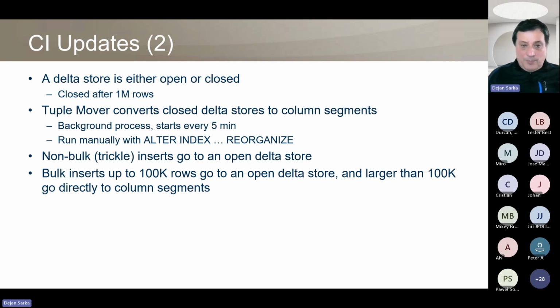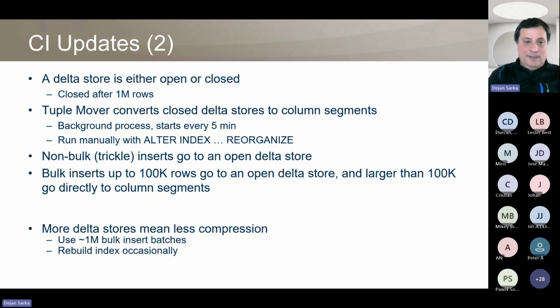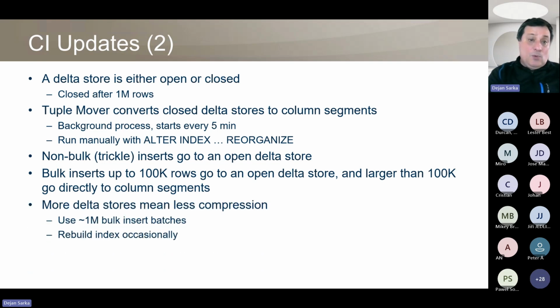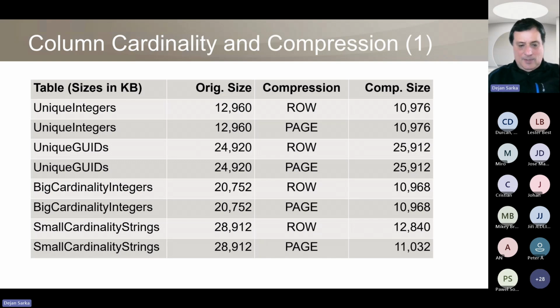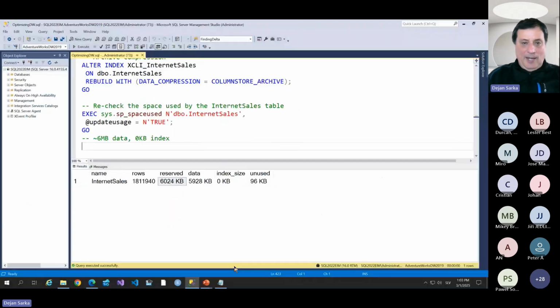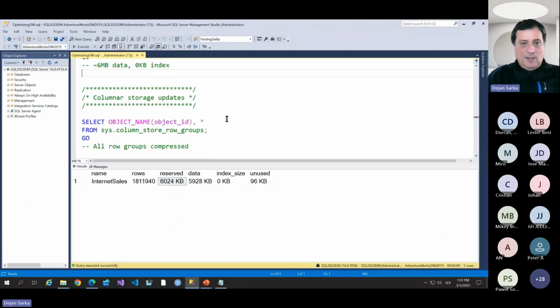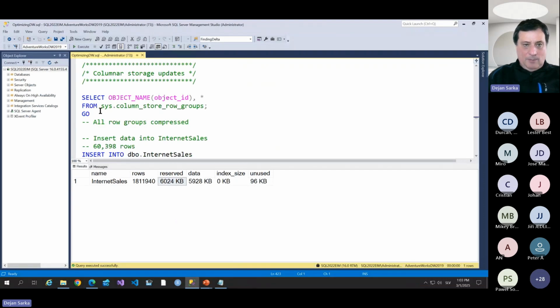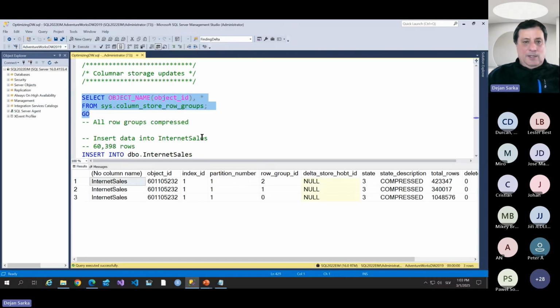Another reason to rebuild columnstore indexes from time to time. More data stores means simply less compression. So as I said, it makes sense to maintain these indexes from time to time by rebuilding them or at least reorganizing them.